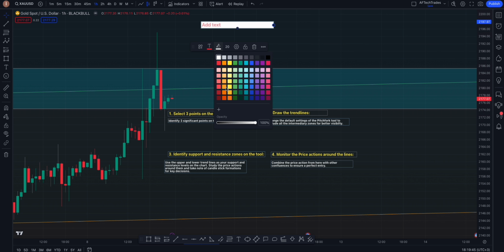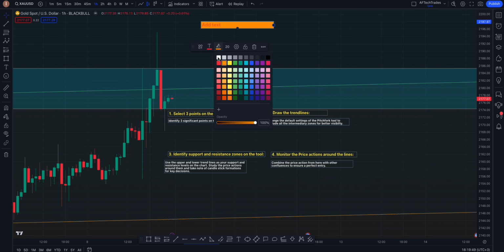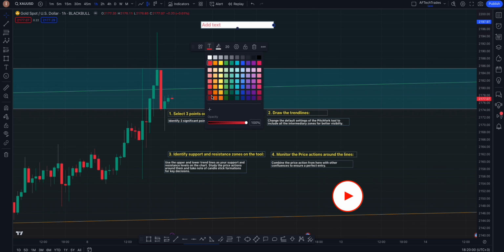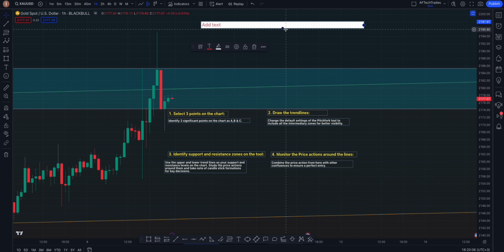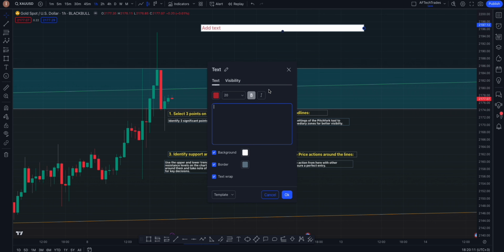I want a golden text. Or let's leave it as red, as I said. Dark red. It's going to be a big one. Let me write it here. You read yourself.